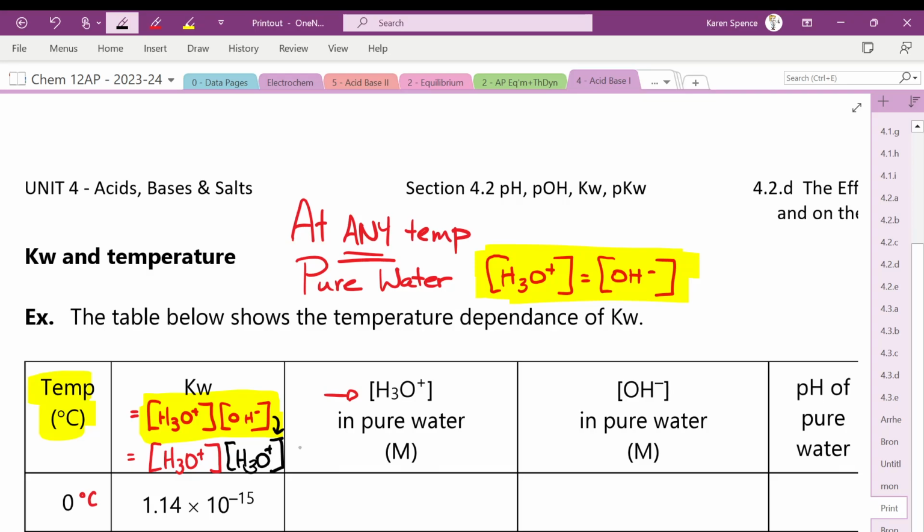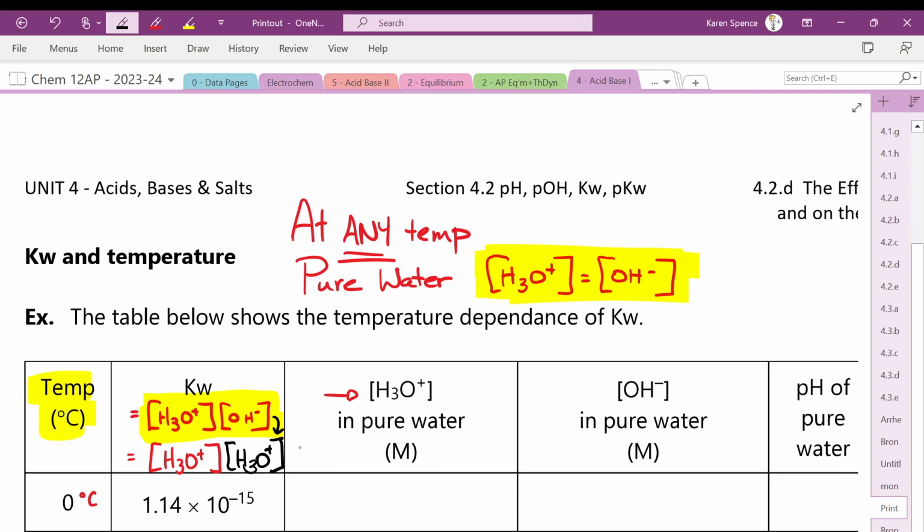Kw is equal to H3O plus squared. That's all we're trying to do.